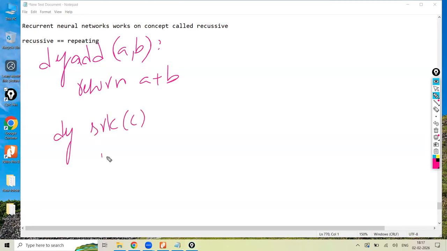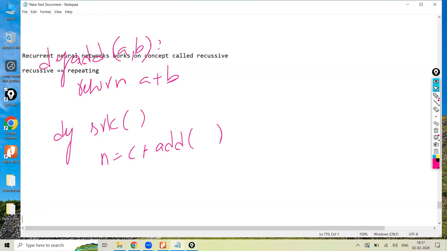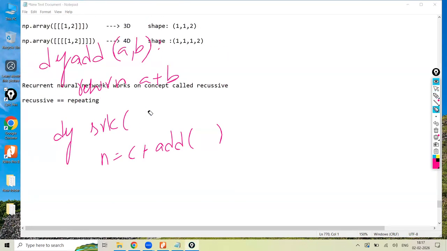In this, I am going to create n is equal to c plus add of a comma b. Here I will call it with A, B, C: the SRK function with A comma B comma C, where A comma B goes to add and C is added, and return the n value.